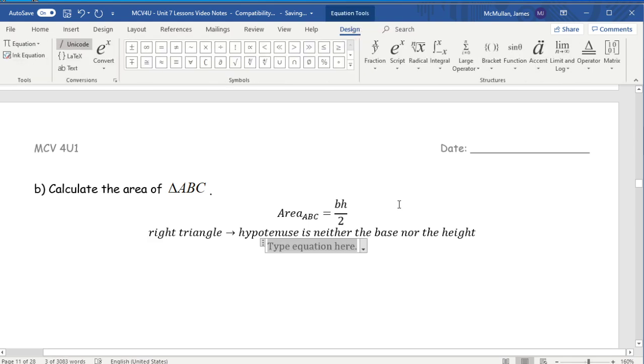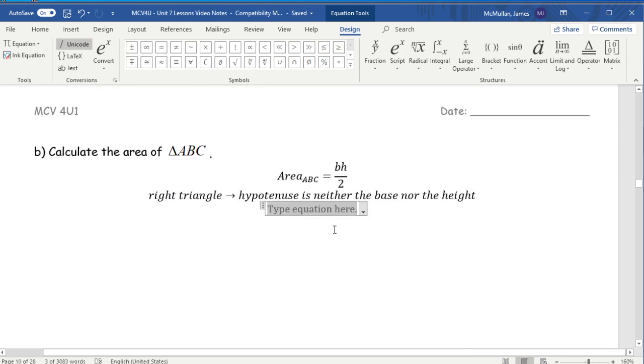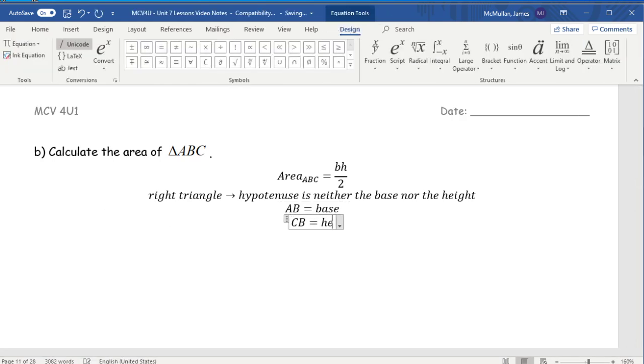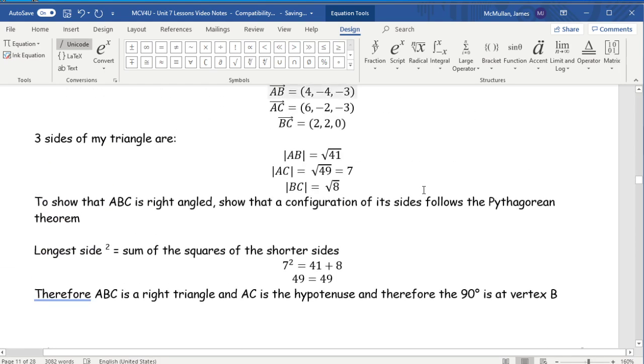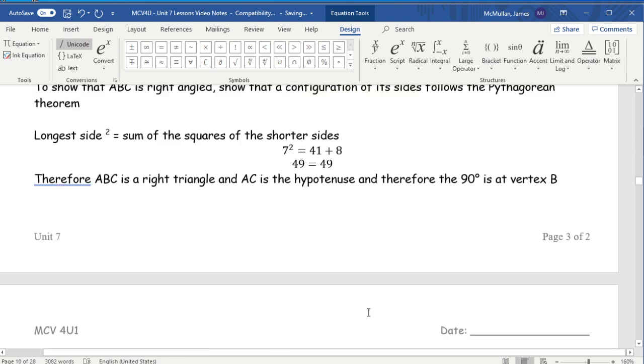The other sides are the base and the height, so you can pick whichever one you want. So since we know that AC is the hypotenuse, let's say AB equals the base and CB equals the height. You could do it the other way around, it doesn't matter, as long as you don't make AC the height, because AC is, of course, the hypotenuse.